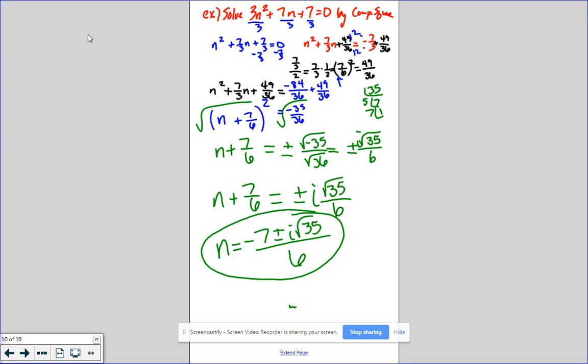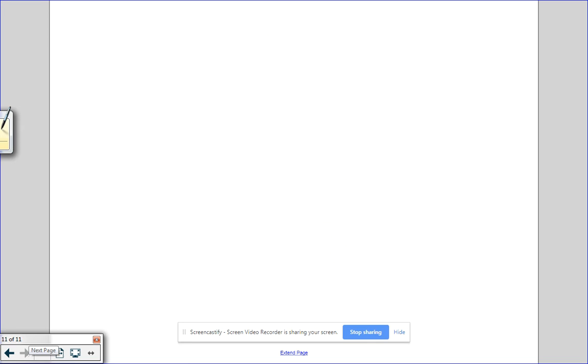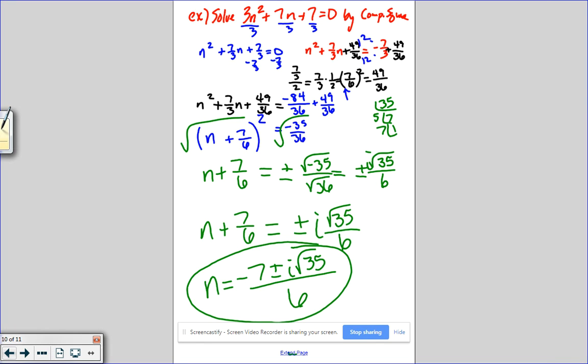Now, some of you will argue you can do this same problem with the quadratic formula. Okay? So just to show you, because I told you we'd talk about the different methods. So if we want to do that same problem, were people not done? I apologize. Everybody good? All right.